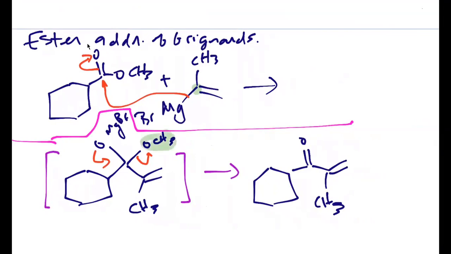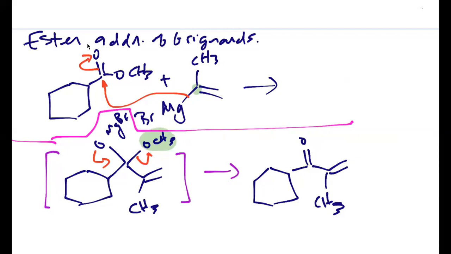Why? Let's think about it. If we added in the carbon group, the Grignard, and did elimination and kicked it back off, no reaction would occur. So the OCH3 group is more susceptible to leaving. Because that vinyl carbon, if it leaves and is negative, is not very stable.